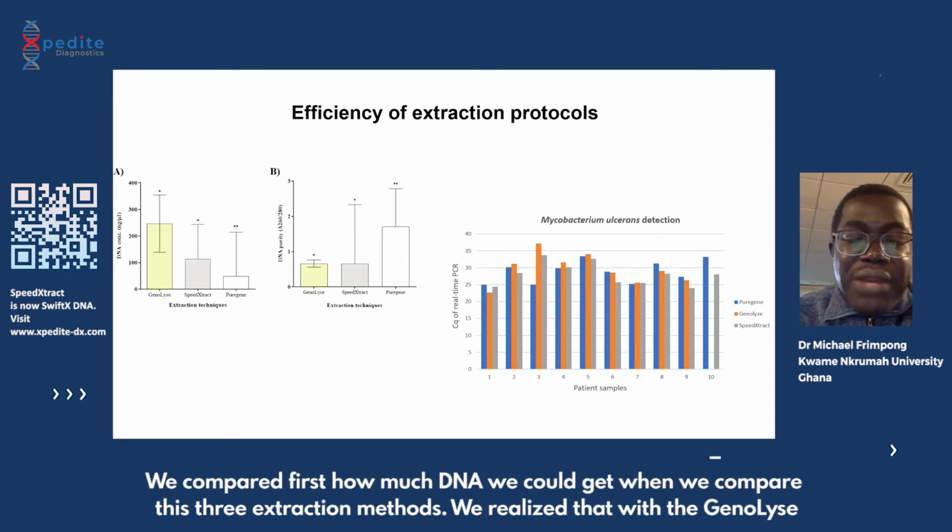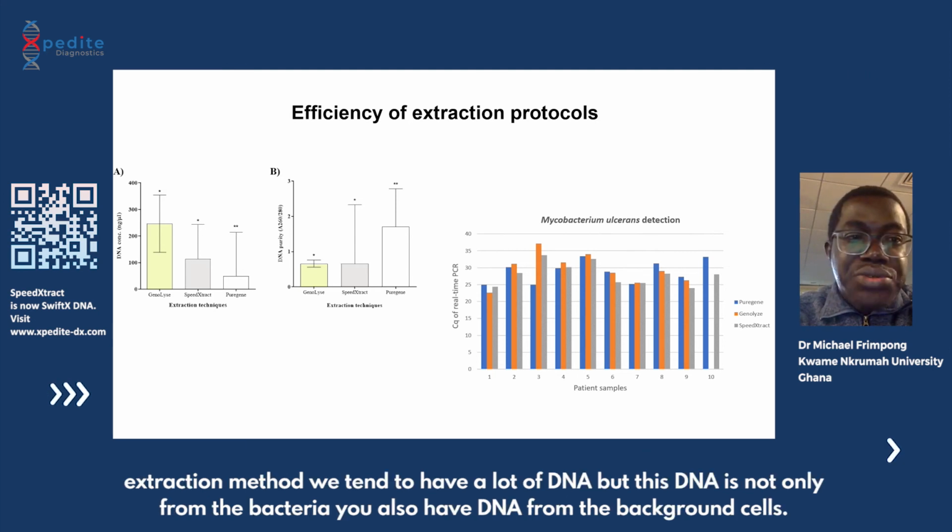So we compared first how much DNA we could get when we compare these 3 extraction methods. We realized that with the generalized extraction method, we tend to have a lot of DNA, but this DNA is not only from the bacteria, you also have DNA from the background cells. So you tend to have higher DNA.